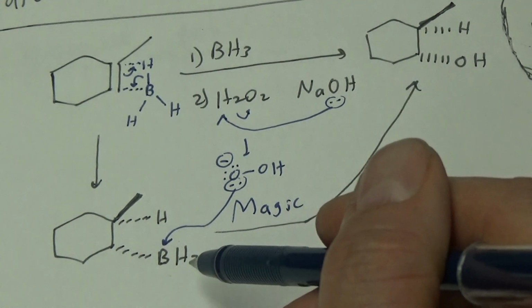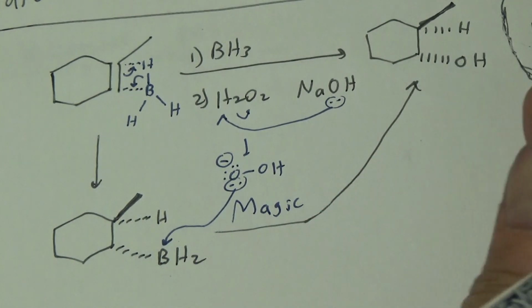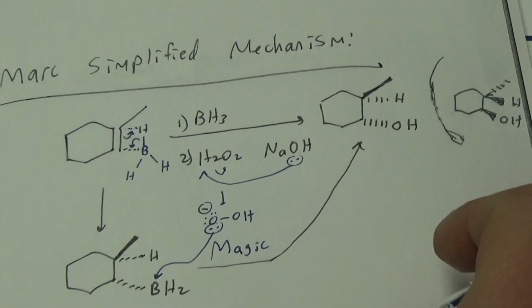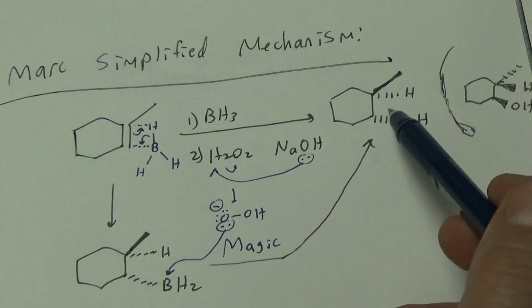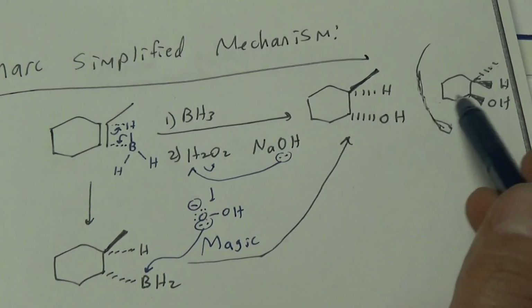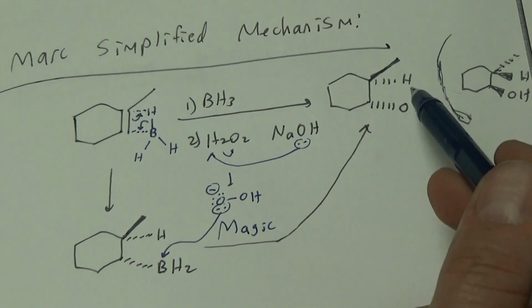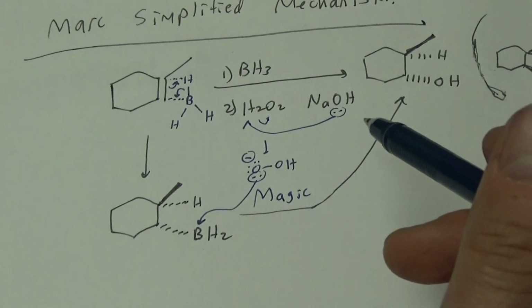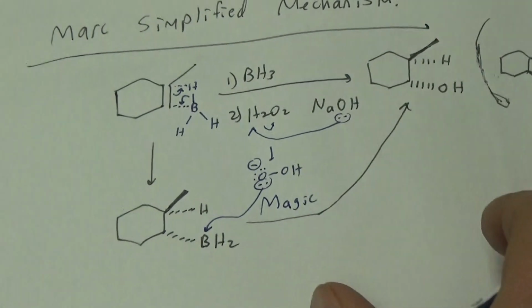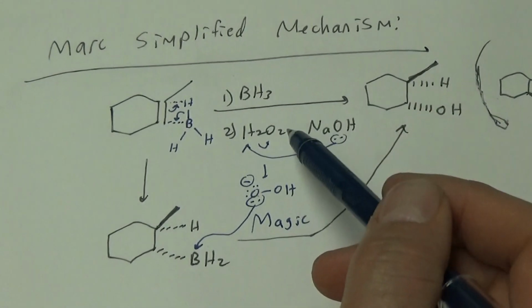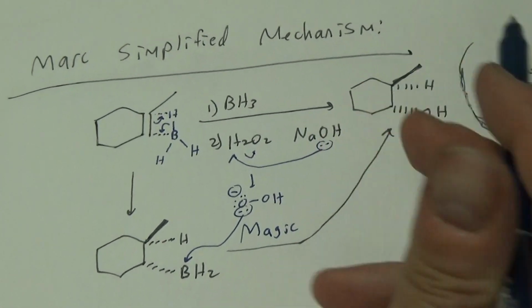So the net effect is boron gets converted to the alcohol, and that's your anti-Markovnikov alcohol formation. In this case it's a mixture of enantiomers, but you don't always have a stereochemical consequence. That's the basic mechanism.